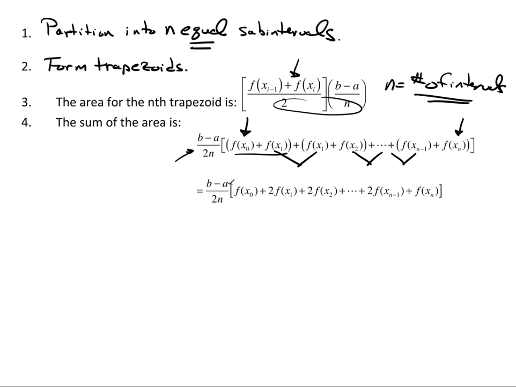So I can collect all of this and write it as b minus a over twice n, times f of x naught, plus twice f of x1, twice f of x2, all the way out to twice f of xn minus 1, plus f of xn. Now, this component right here, b minus a over n, is actually equal to delta x.